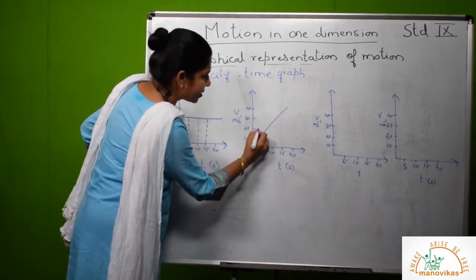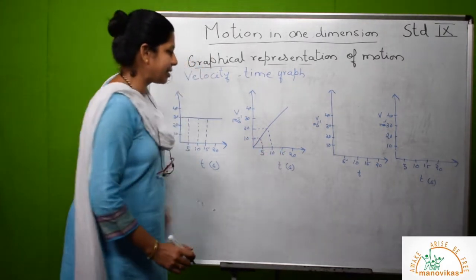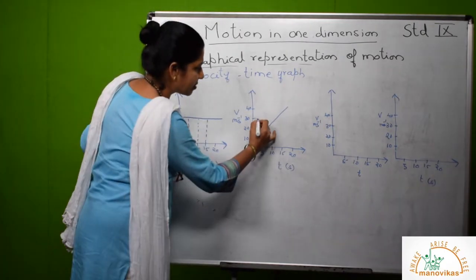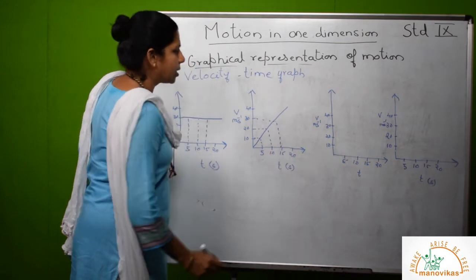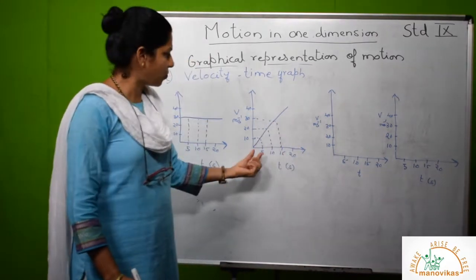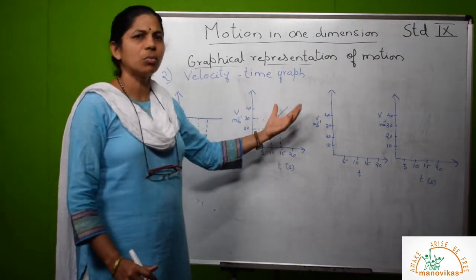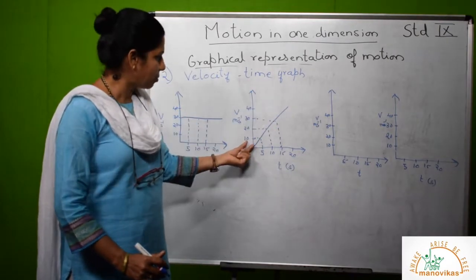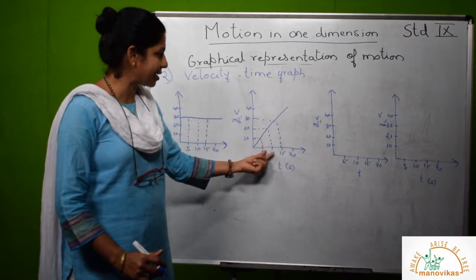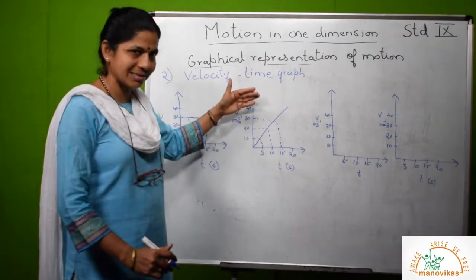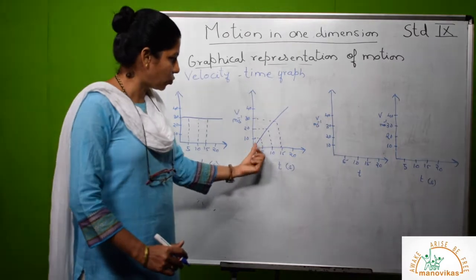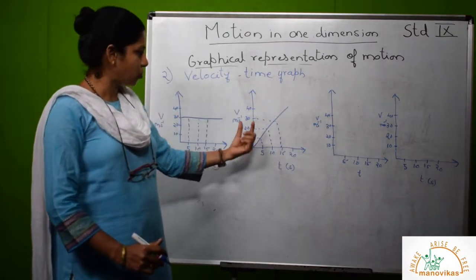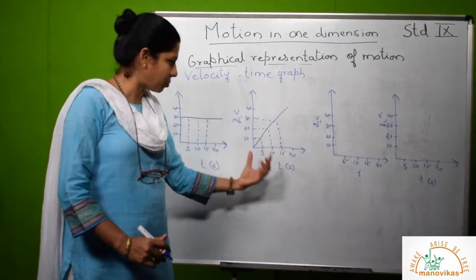After 10 seconds, velocity is 20 meters per second. After 15 seconds, velocity is 30 meters per second. In such a graph, it is a case of uniform acceleration. The velocity is increasing at a constant rate, so you have a line which is passing through the origin. This represents uniform acceleration.